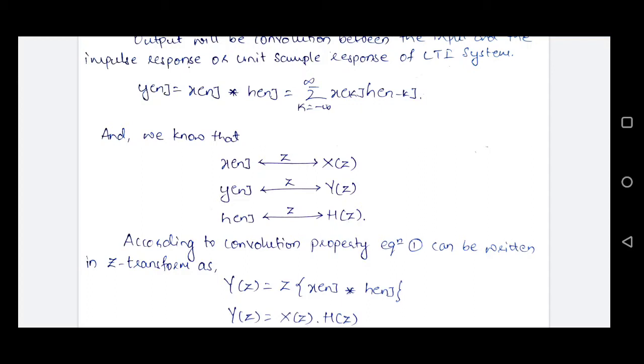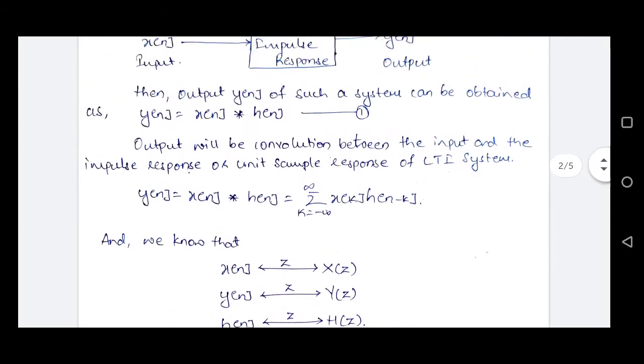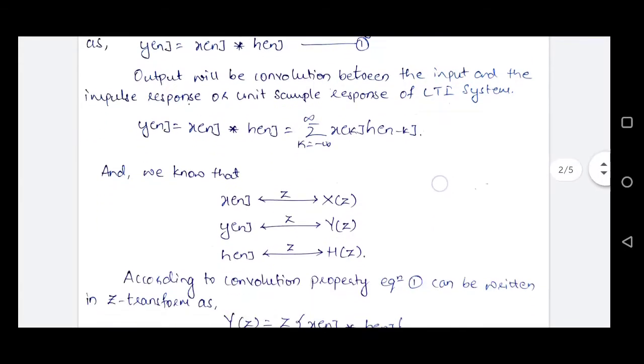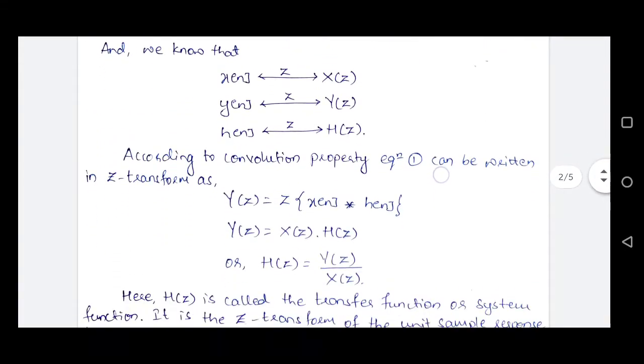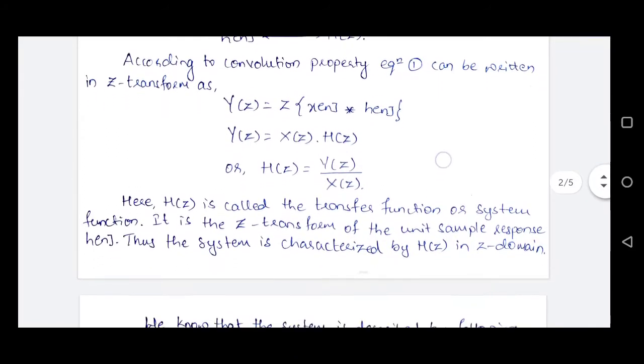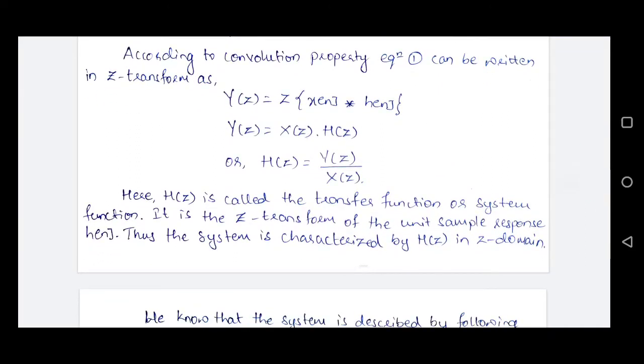Now, according to the convolution property we studied in the Z transform, the first equation represents the convolution between two time domain sequences, one input and another one is the impulse response. So according to convolution property, equation 1 can be represented as y of z equals Z transform of the convolution between input and the impulse response.